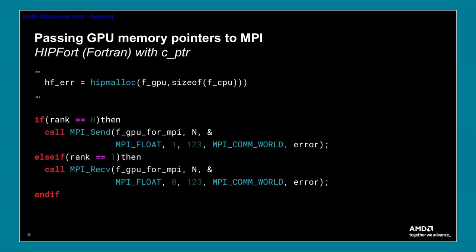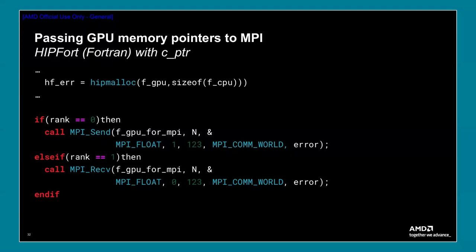So if you have things like this in your code where you're using type(c_ptr) for your GPU memory management, you do need to convert from a C pointer to a Fortran pointer and then pass that Fortran pointer through to the MPI send receive pair. So that's really it. Again, it's really not that cumbersome to do this sort of exchange.